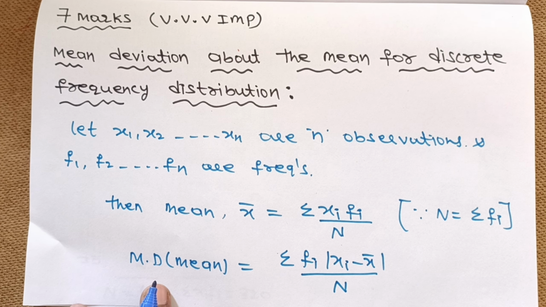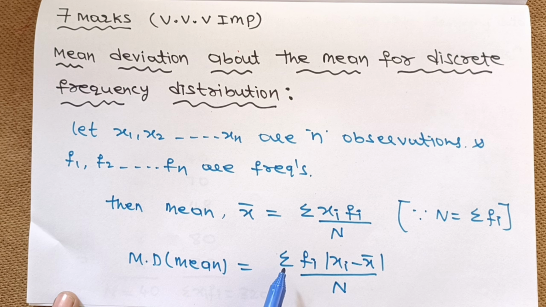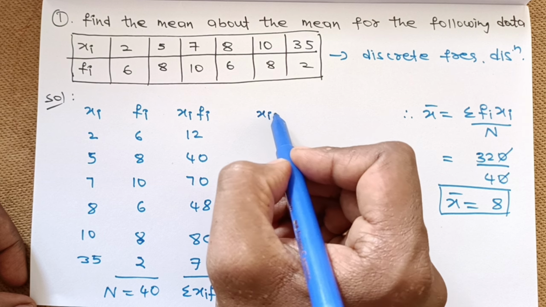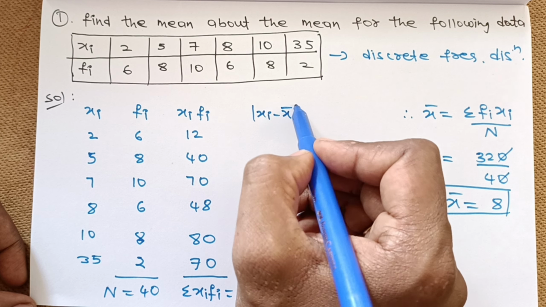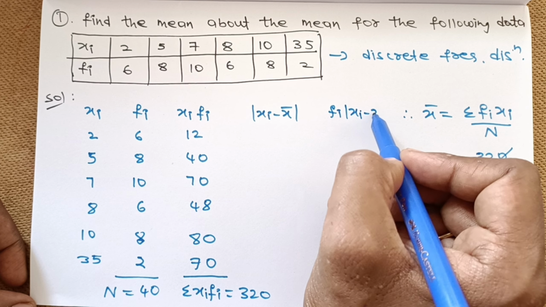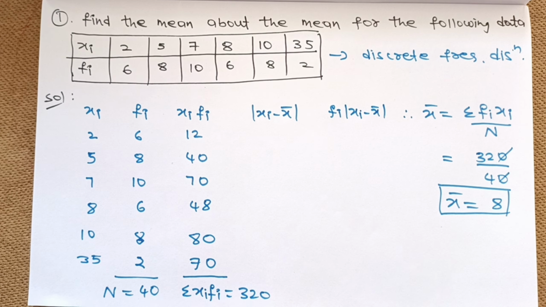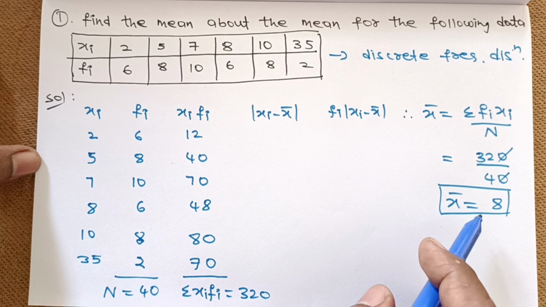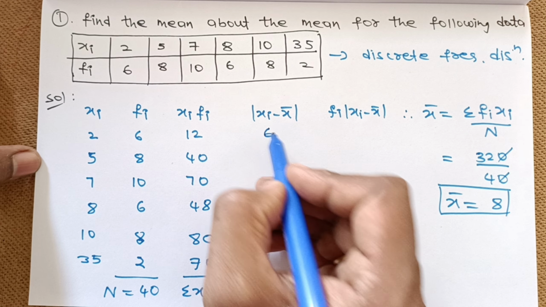Mean deviation about the mean formula is sigma fi modulus xi minus x bar, by n. So first find modulus of xi minus x bar, and after that fi into mod xi minus x bar. See here the xi minus x bar values. 2 minus 8 is minus 6, mod is there, so plus 6.